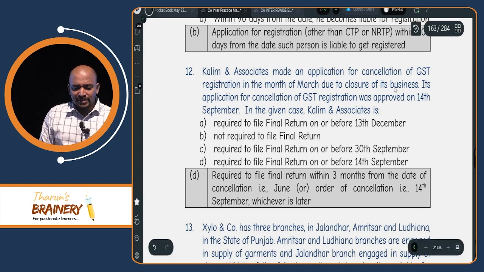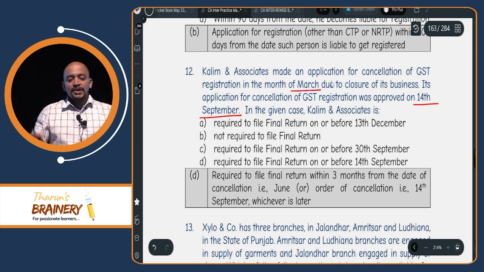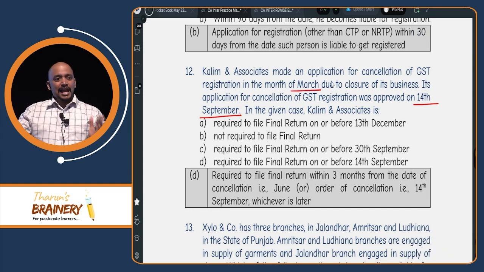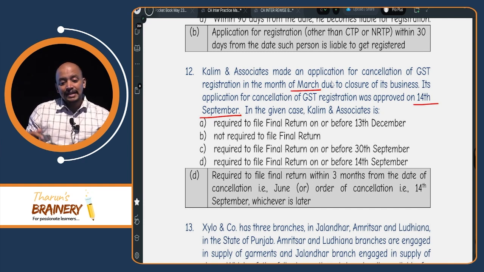So what is 3 months from the date of cancellation? Its application for cancellation was approved on 14 September. Okay, but 14 September is the order of cancellation. When they made the application for cancellation in March, 3 months from March is April, May, June, or 14 September, whichever is later.